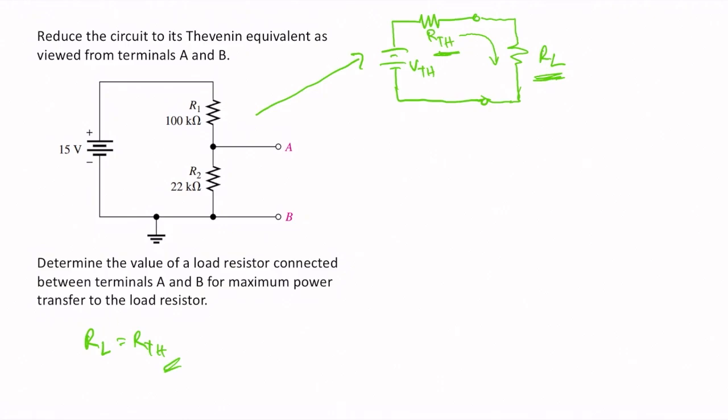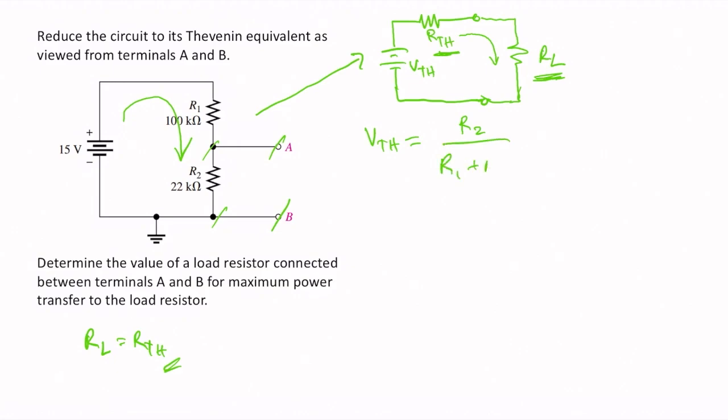So let's try to solve first for the Thevenin voltage. Okay, to solve for the Thevenin voltage, we keep these two terminals open. And that means that we want to solve the voltage across A and B, which is nothing but the voltage across R2. And you notice that this is a voltage divider. Okay, so which means that the Thevenin voltage can be solved using the voltage divider equation.